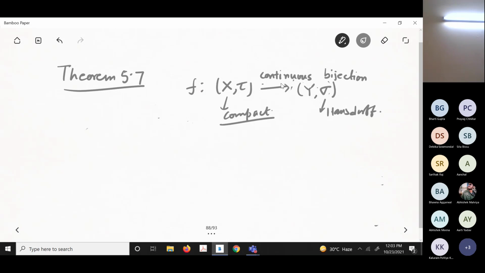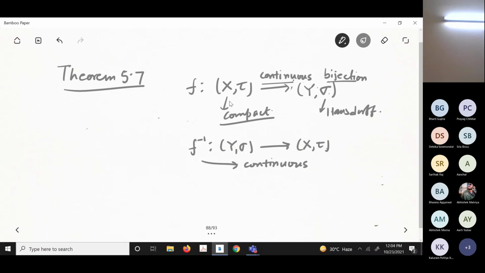Look, this is a continuous bijection. Then F inverse exists from the space to this, as a function, because it is a bijection. So the conclusion is that F inverse is also continuous.